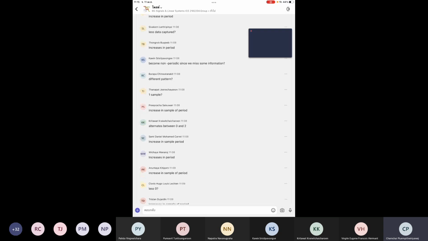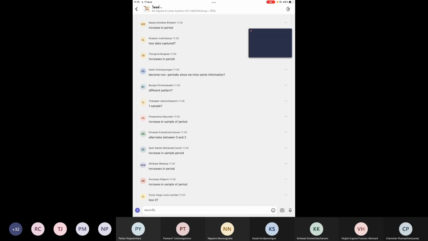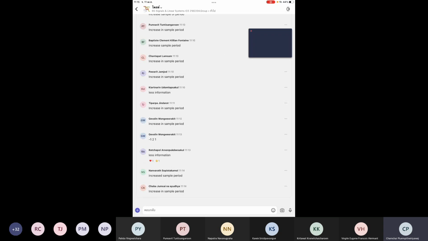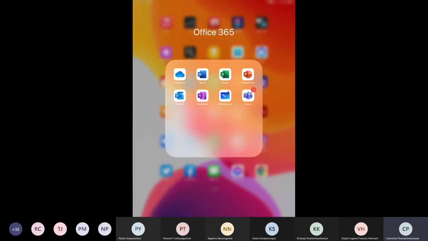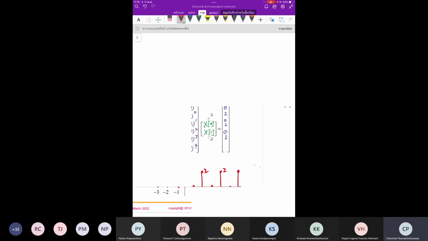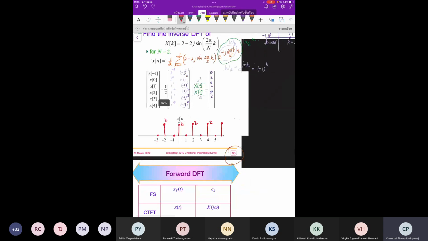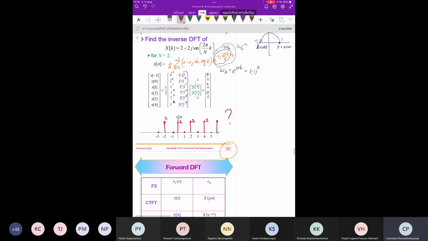It alternates between 0 and 2. But the question is, where does this alternating between 0 and 2 come from? The interesting part is where it comes from.